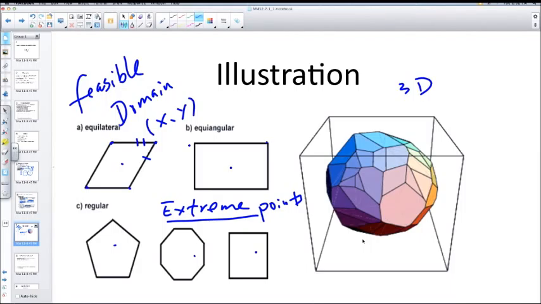And then each line relates to 2 equations. And those vertices relate to at least 3 of those equations. We call those vertices extreme points. And then you are going to look for the optimization solution at those corner points, the extreme points.